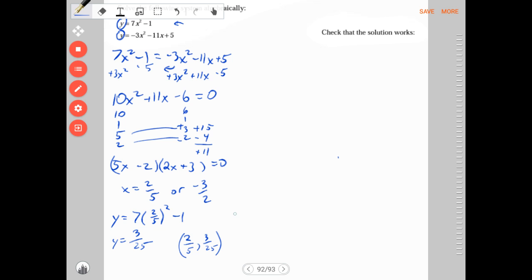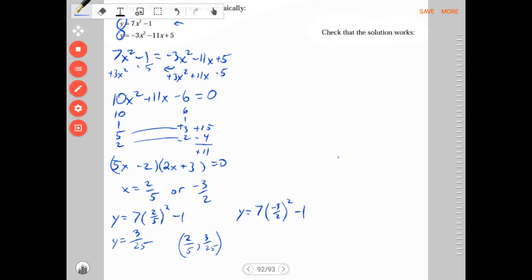So we do the same thing here. y equals 7 times negative 3/2 squared minus 1, and again, the exact same thing on your calculator. So 7 times negative 3 over 2 squared minus 1.